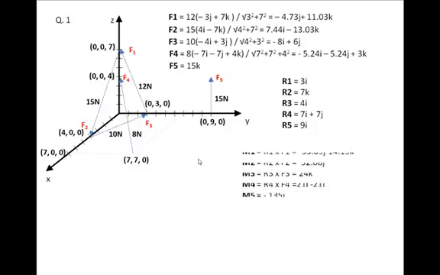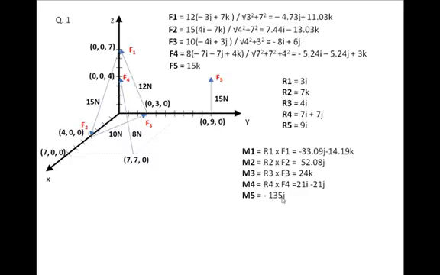In that case, M1 is simply R1 cross F1, M2 is R2 cross F2, M3 is R3 cross F3, and M4 is R4 cross F4. And M5, we have not elaborately written here, but it will be R5 cross F5, which is 9j cross 15k.